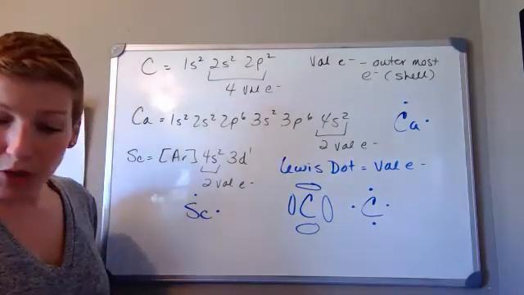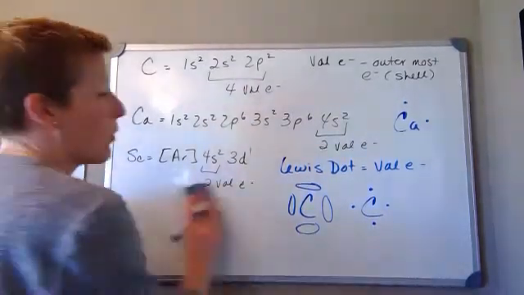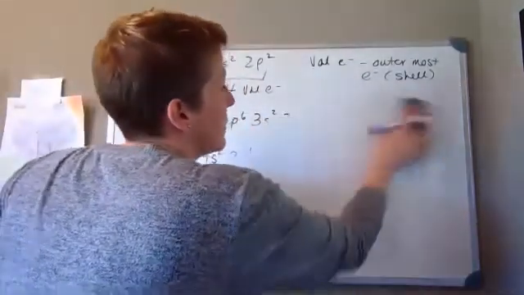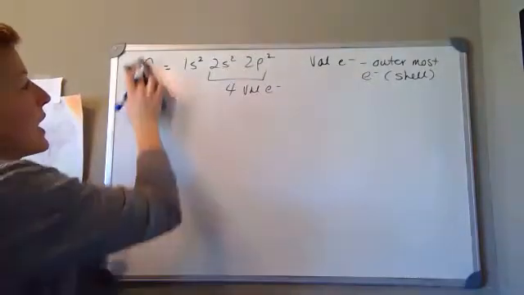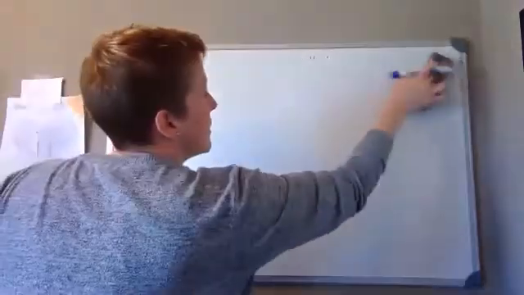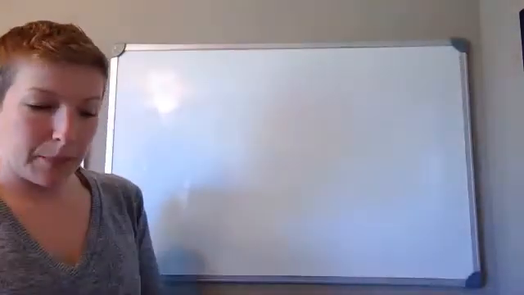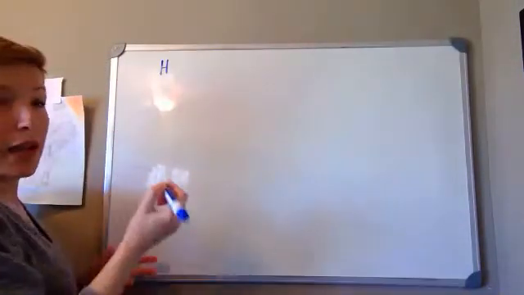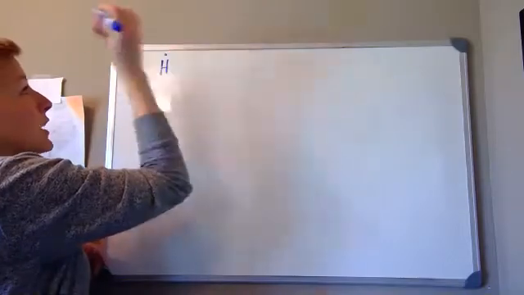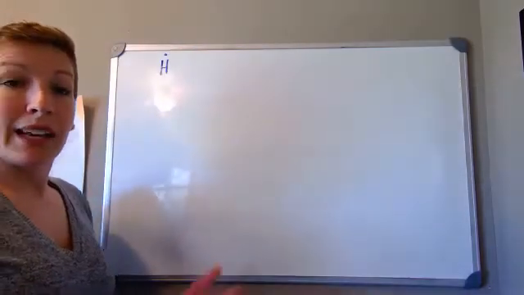Now, let's do a couple more examples. Let me get rid of all this, and let's just start from the beginning. Let's say we had hydrogen. Well, hydrogen is going to be H, and it has 1 valence electron, and we have 1 dot. And guess what? Everybody in group 1 ends with something s1.